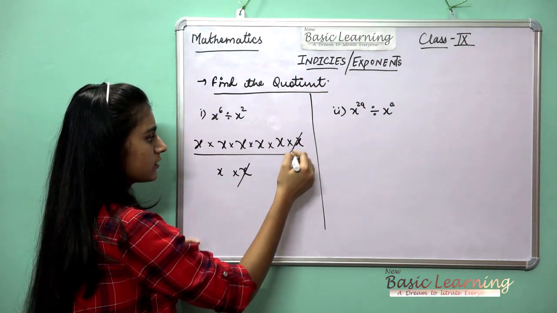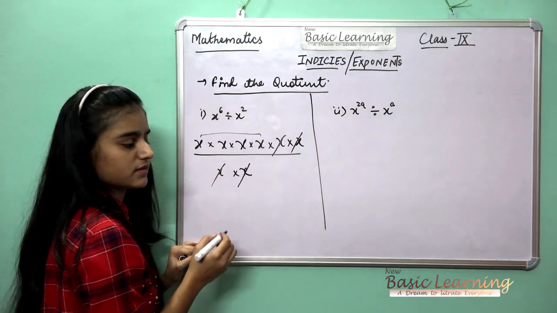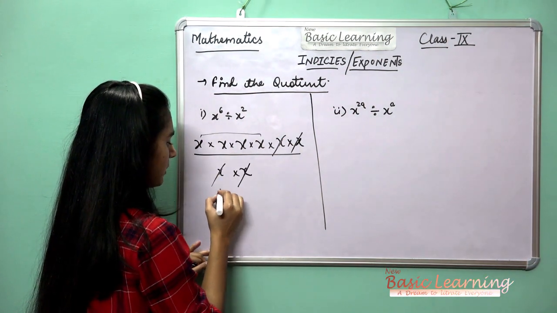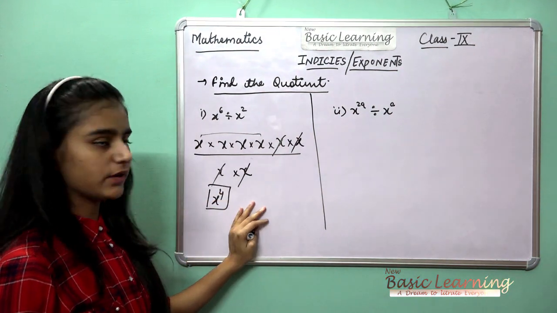Sorry, the x and the multiply sign look alike, so it may not be clear. Now when we cancel, we get 4 times x, that means x to the power 4. I hope you get this.